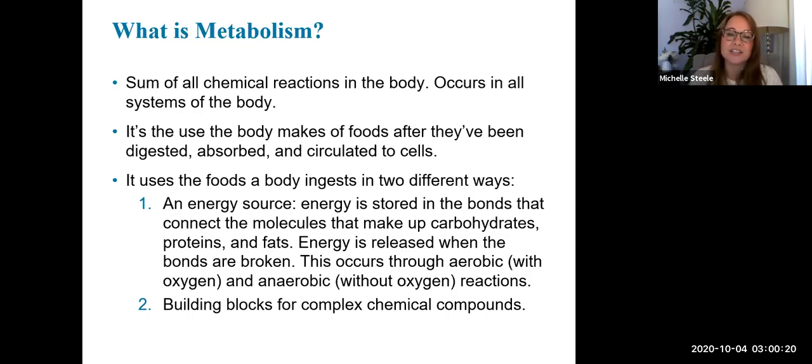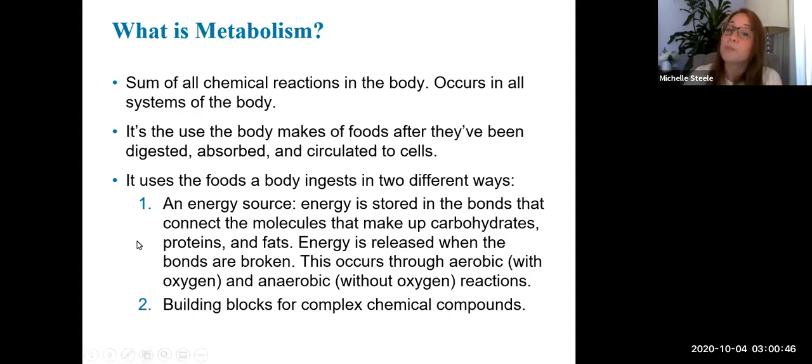Now, the energy is actually stored in the bonds that connect the molecules that make up carbohydrates, proteins, and fats. So when we talked about carbohydrates, we talked about how carbohydrates are composed of chains of monosaccharide units. And those monosaccharide units are connected via bonds known as glycosidic bonds.